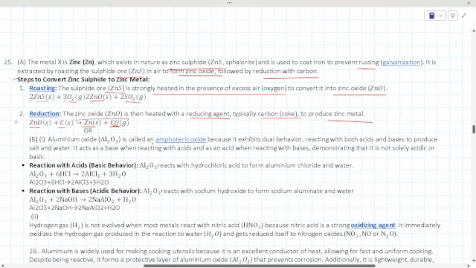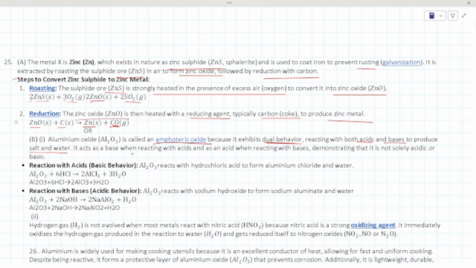Aluminum oxide is called amphoteric because it exhibits dual behavior, reacting with both acid and base to produce salt and water.